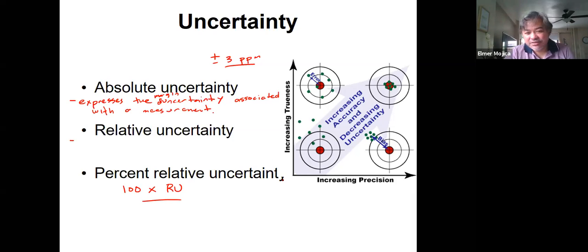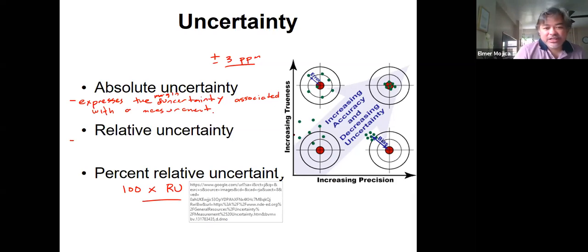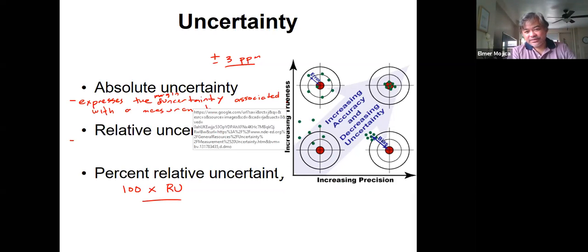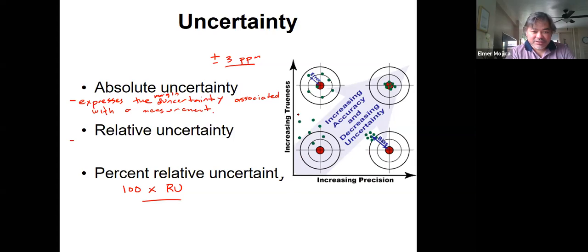And the way that they look at it, this is what happened. If you increase the precision without increasing the trueness, you have to deal with the biases that you have. And then increasing the trueness without increasing the precision, you're increasing the error.